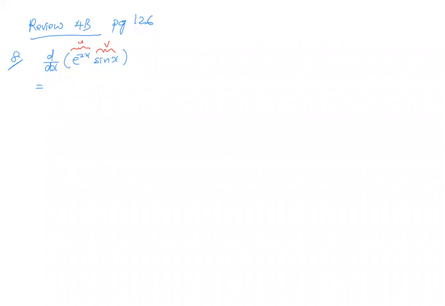The answer is e to the power of negative pi. Sin pi by 2 is 1. This is the answer. Am I right? Is this the answer? I hope so. Is my answer correct? I do it mentally.